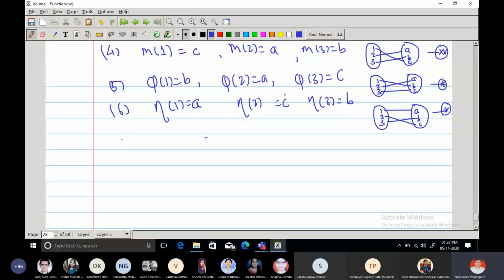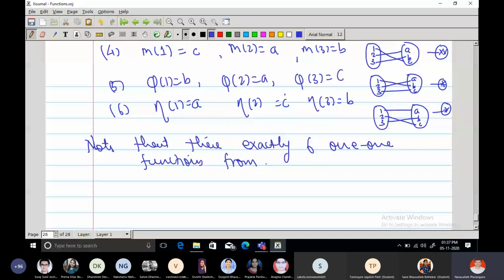Note that there are exactly 6 one-one functions from a 3-element set to a 3-element set. This is a simple observation which we have.